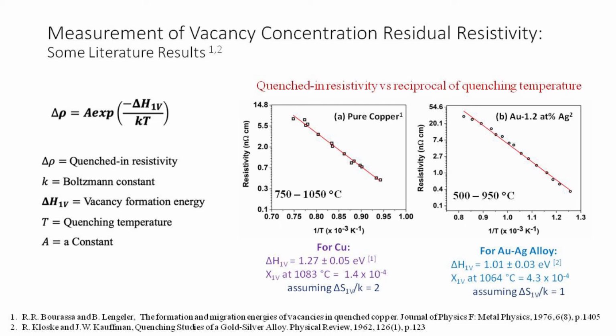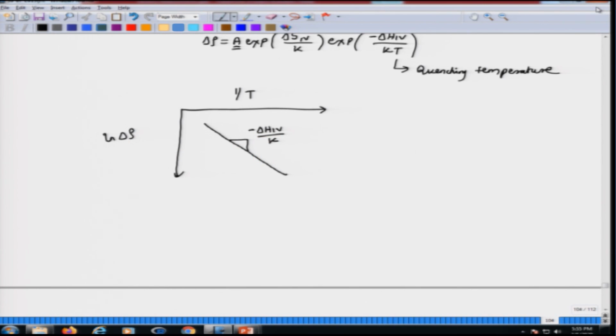Again, if we calculate the vacancy concentration at 1064 degrees Celsius, which is the melting point of pure gold, it comes out to be around 4.3 times 10 to the power minus 4 site fractions. So, this was the second technique for vacancy measurement.